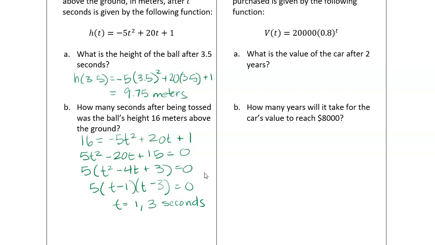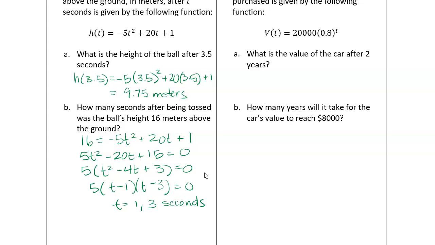So a function like this h of t would not be considered to have an inverse. Now, you could restrict the domain and consider just the first 2 seconds, and then you could possibly get an inverse, but we'll talk more about that later.